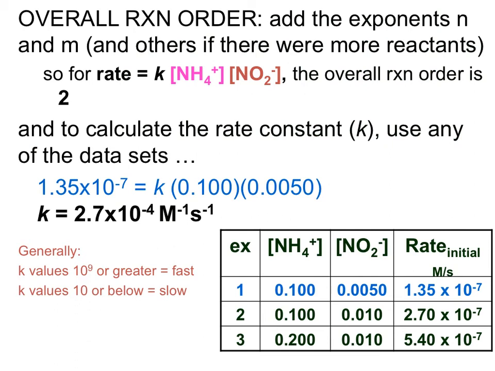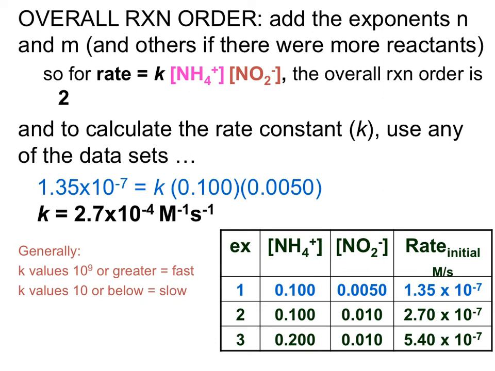So in order to get the overall reaction order, we're going to add the exponents, both n and m. If there were additional reactants, then obviously we would have other variables, O, P, or whatever you want to use. So for the rate law that we just calculated, the overall reaction order is 2.